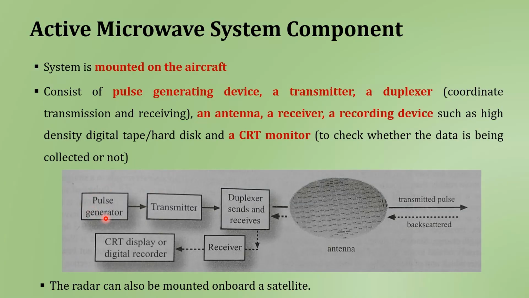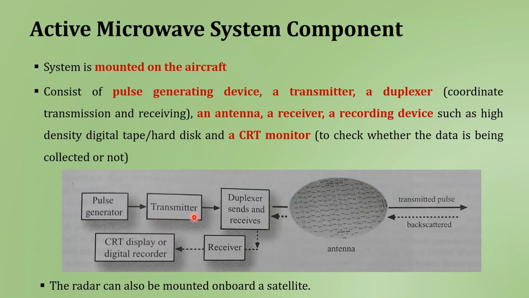So, this pulse generator generates a pulse of electromagnetic radiation which is transmitted through the transmitter and this duplexer to the antenna, and from this antenna it is transmitted towards the terrain. This antenna also receives the backscattered signal, and when this duplexer is in receiving mode, the backscattered signal is directed towards the receiver from where it is stored on the digital recorder, or it can be checked using the CRT display or CRT monitor.